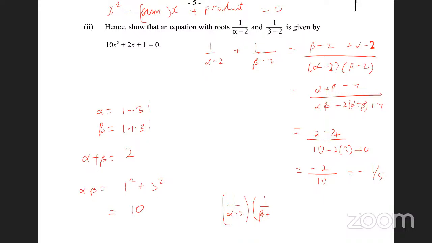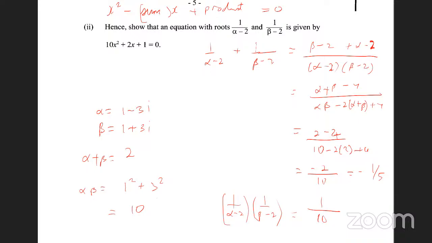Let's check and make sure I multiply right. All right, and then the product will be 1 over whatever the denominator was, which was 10. So it's 1/10.